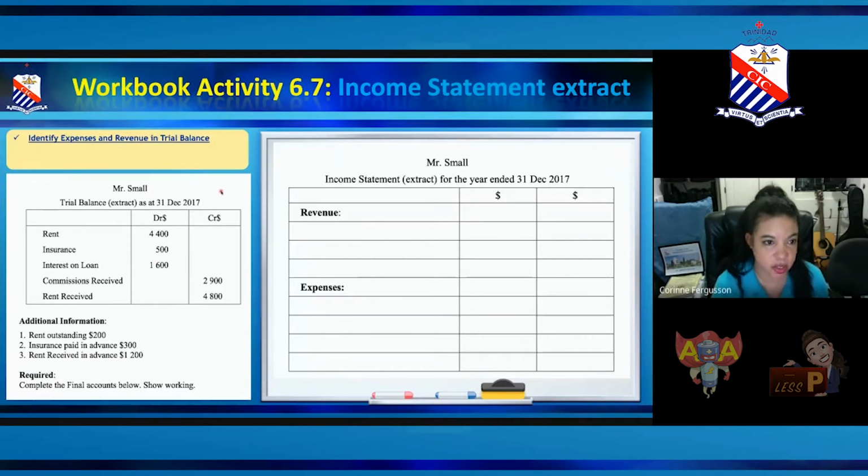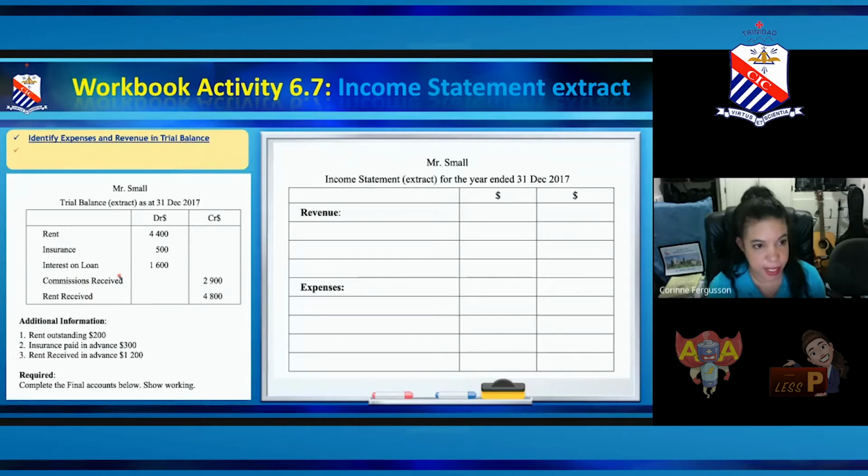And when I go to the trial balance, I identify the expenses and revenue. For example, since it's an extract, you already just have expenses and revenue. But when we go to do the full ones, you would see everything: assets, liabilities, income, capital, and expenses. But in our example, you have your expenses 1, 2, 3, and you have your revenue.